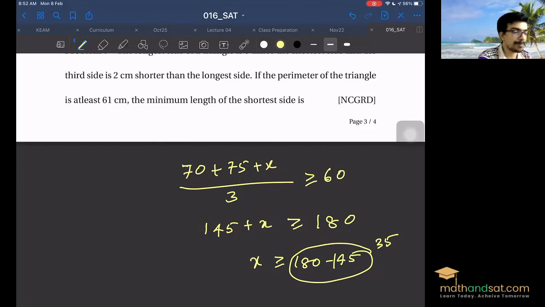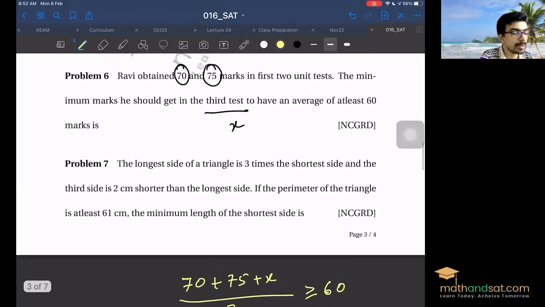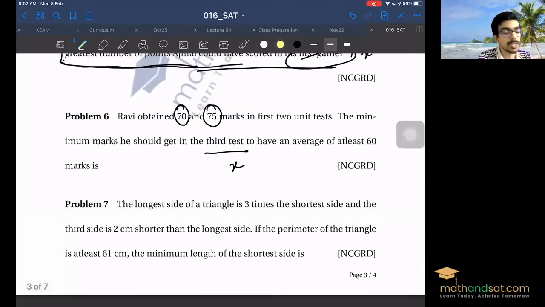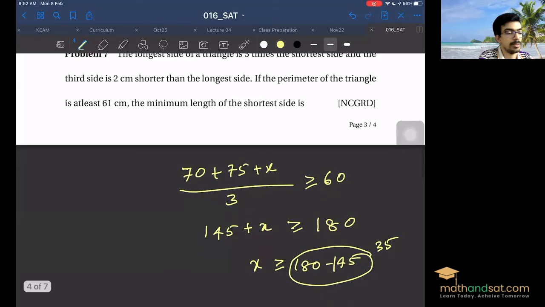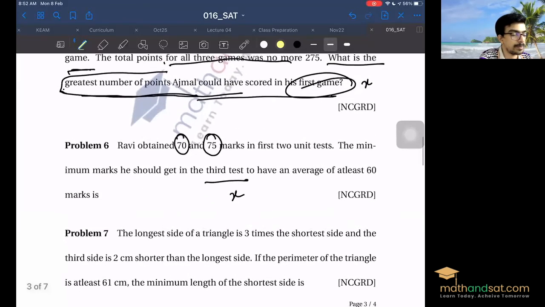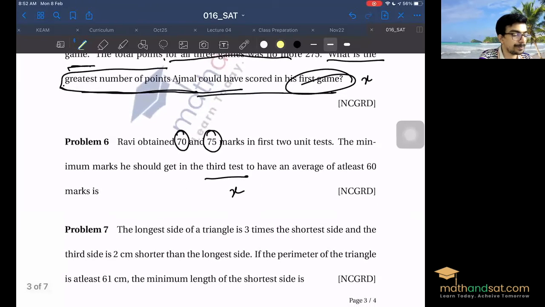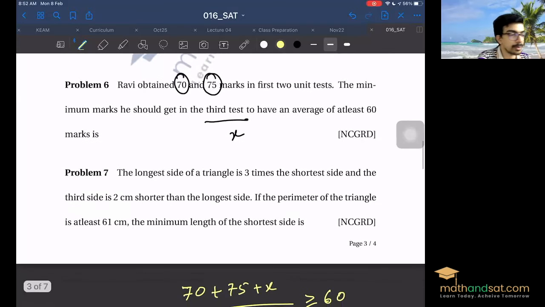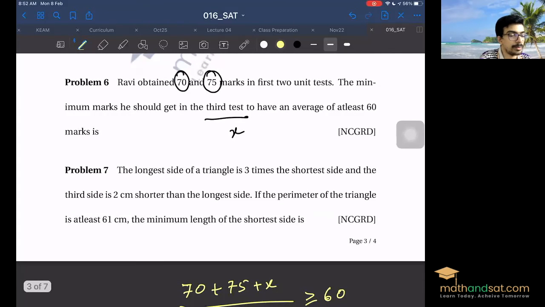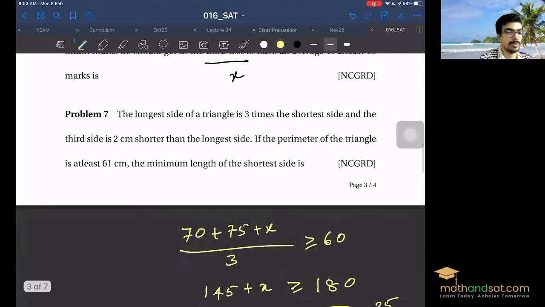So the minimum marks should be 35. Got it? Let me know. Make sense?